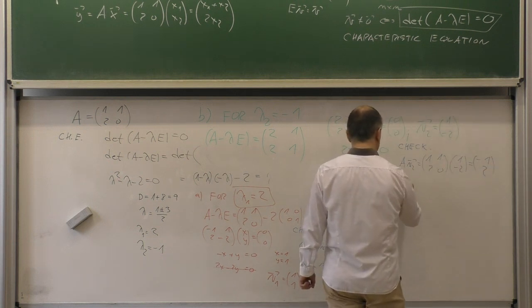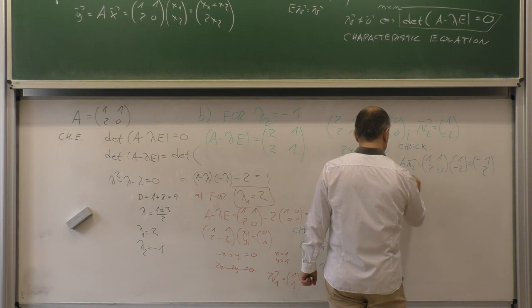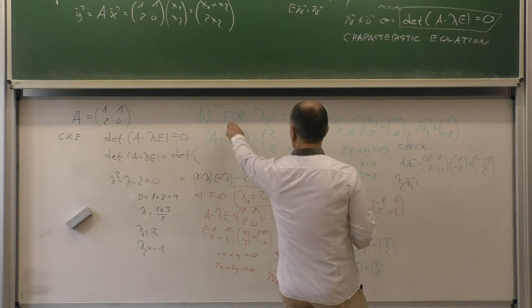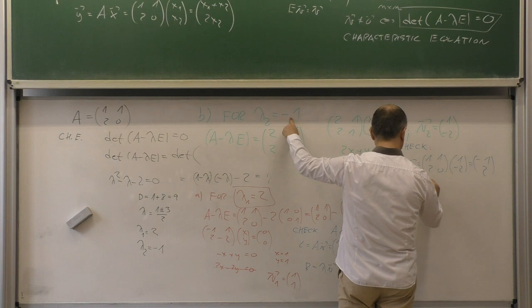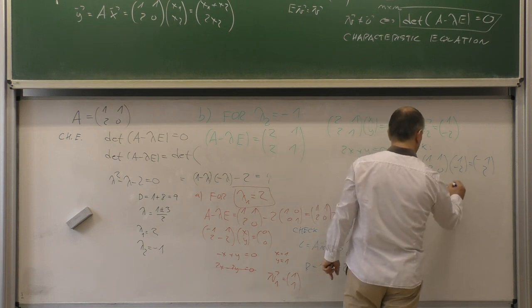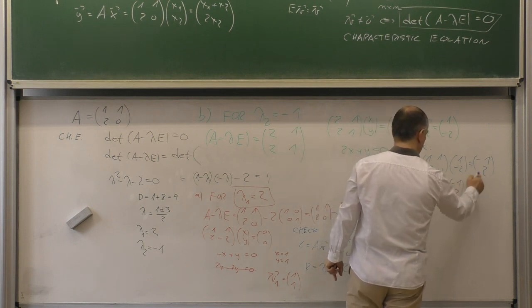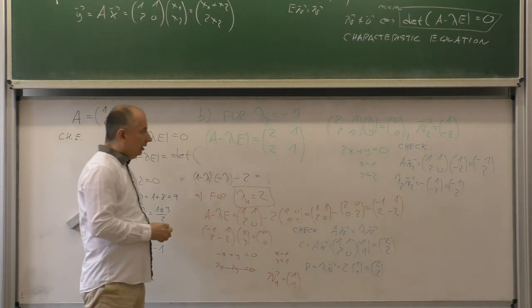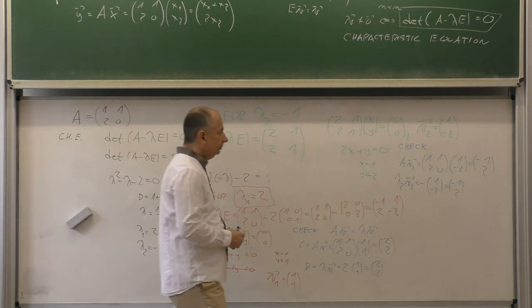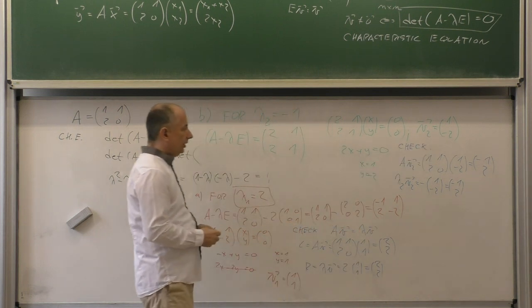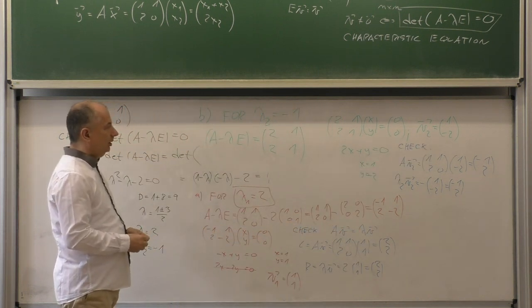And when we compute lambda 2 v2, lambda 2 is minus 1, and the vector is 1, minus 2, which gives minus 1, 2. Yes, the same. So this is indeed another eigenvector of this matrix with the corresponding eigenvalue.